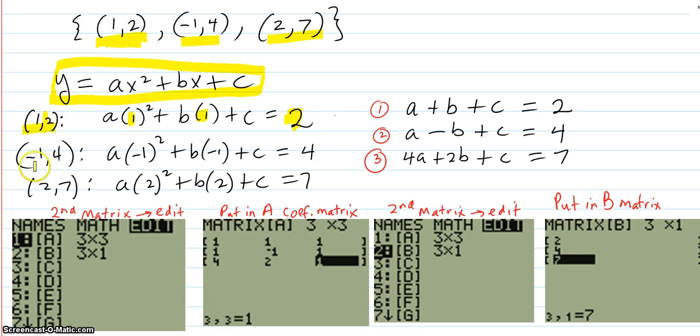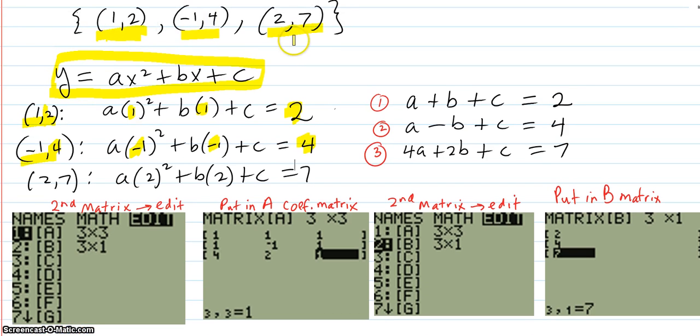Similarly, using the second point, a times x squared, x is negative 1, and that has to come out to be 4. And then using the last point, 2, 7, x is 2, and it all has to come out to be 7.